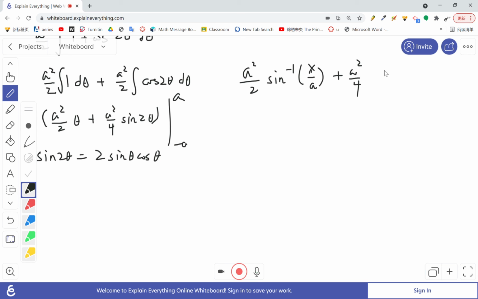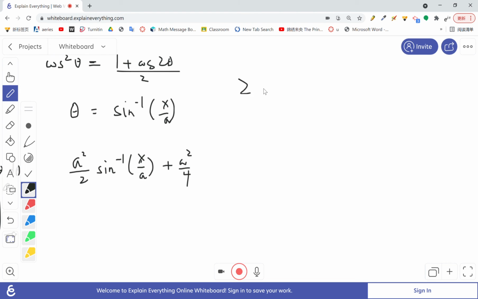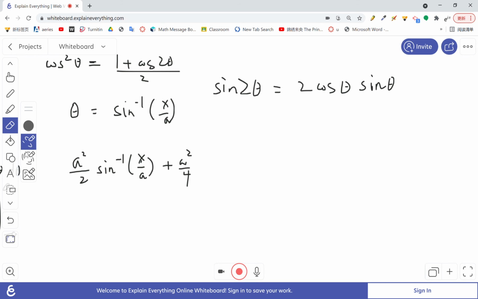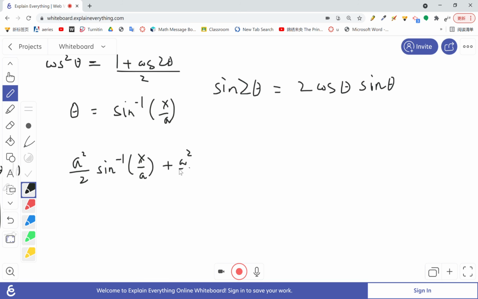Remembering the identity that sine of 2 theta is equal to 2 cosine theta sine theta, a squared over 4 times sine of 2 theta becomes a squared over 2 times sine theta cosine theta. Here, cosine theta is equal to the square root of a squared minus x squared over a.